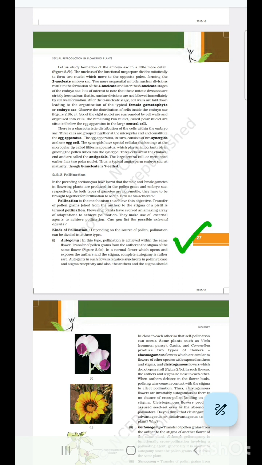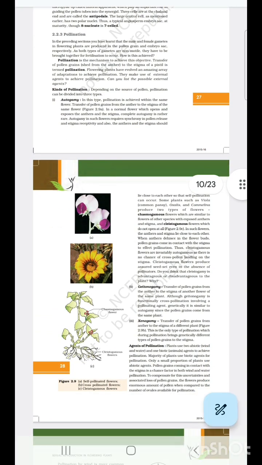Autogamy means self pollination, that is, transfer of pollen grains from the anther to the stigma of the same flower. Geitonogamy means transfer of pollen grains from the anther to the stigma of another flower borne on the same plant.